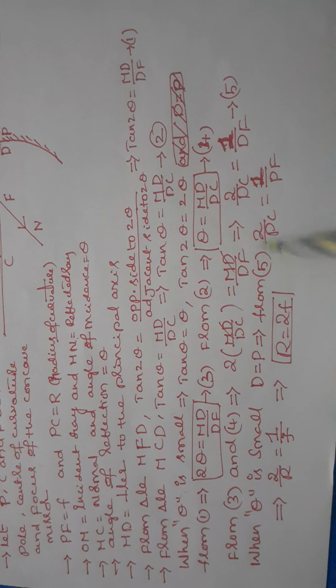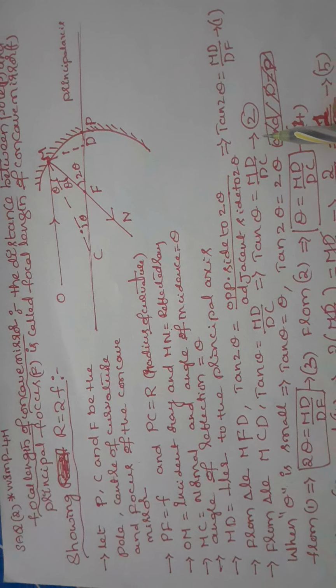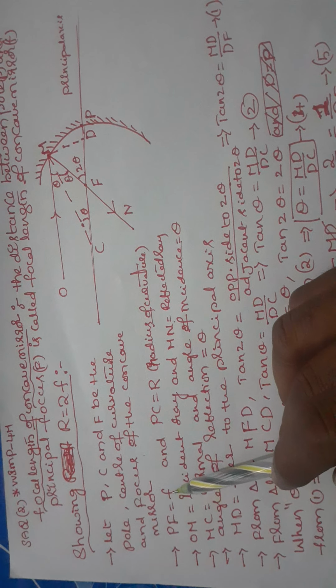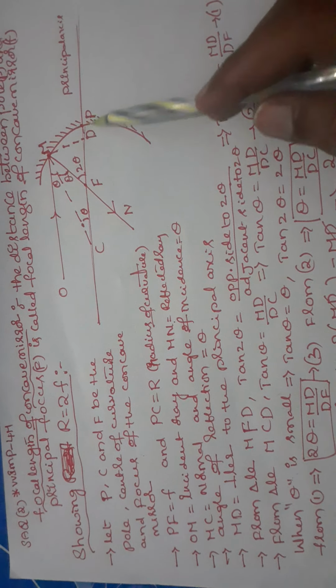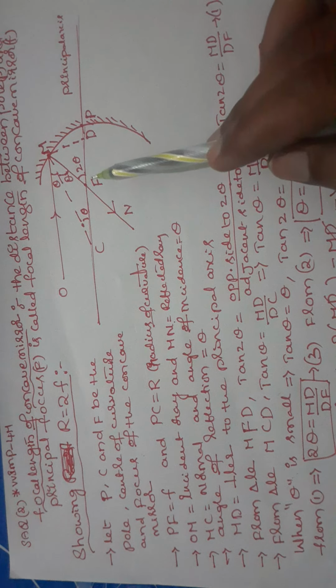So from equation number 5, 2 by DC means 2 by PC, D is written as P, and 1 by DF is taken as 1 by PF. Already we have taken in the beginning that P to F is the focal length, small f, and P to C is the distance, radius.